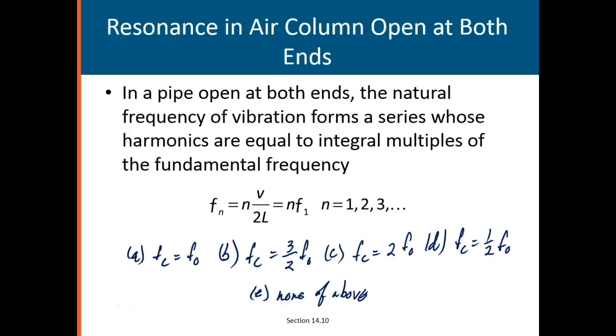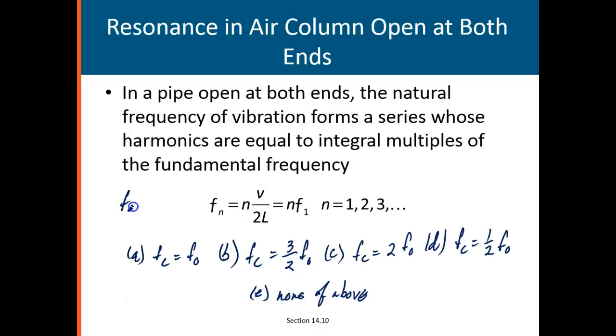So F sub O here is 1 wavelength over 2L. Now we're assuming the velocity is the same and the length is the same. Okay? So according to this, F sub O is equal to V over 2L.